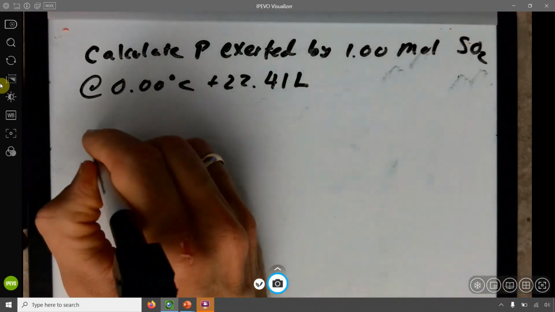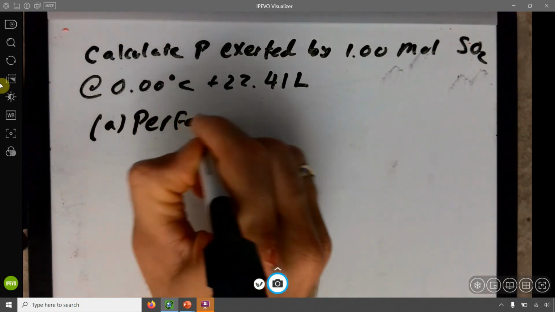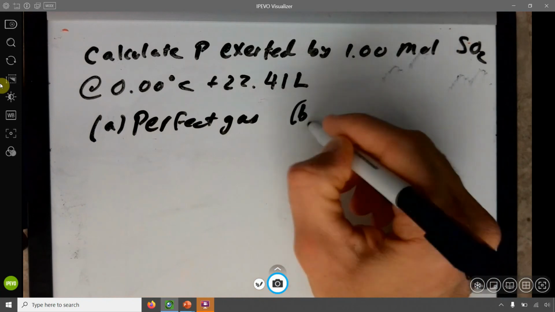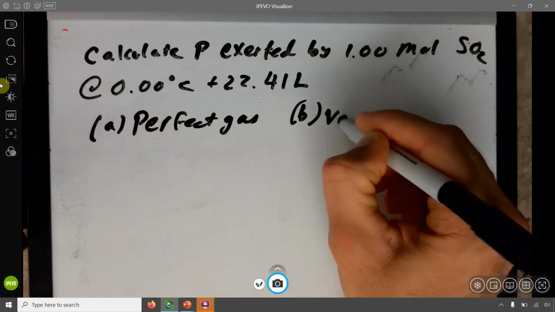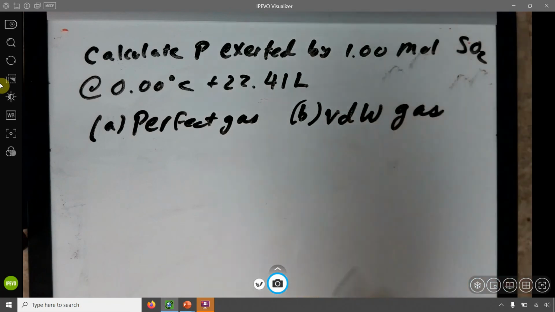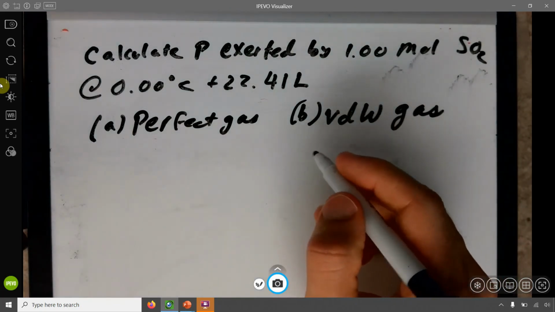And part A would be if it is a perfect gas, and part B would be if it's a van der Waals gas. And if it is a van der Waals gas, I will need to give you the A and B, right?